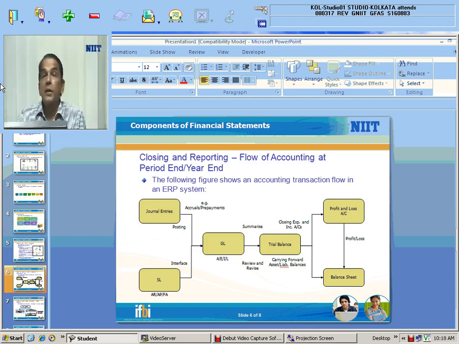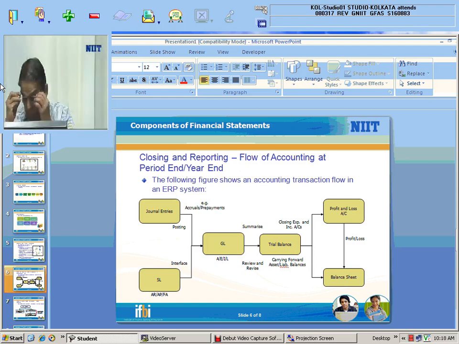Entries for correction of errors can be done, and the system will generate the various reports at the end of the reporting period. So life will be much easier in the ERP environment because the computer is there to help you.